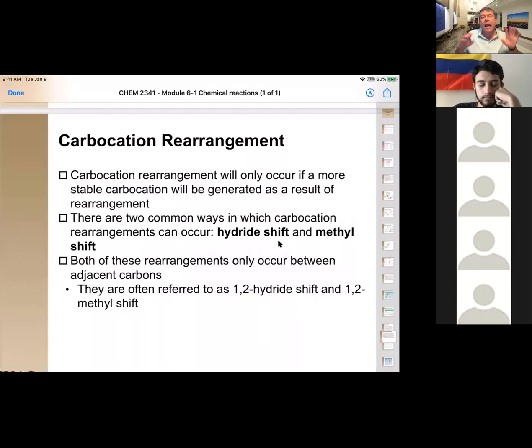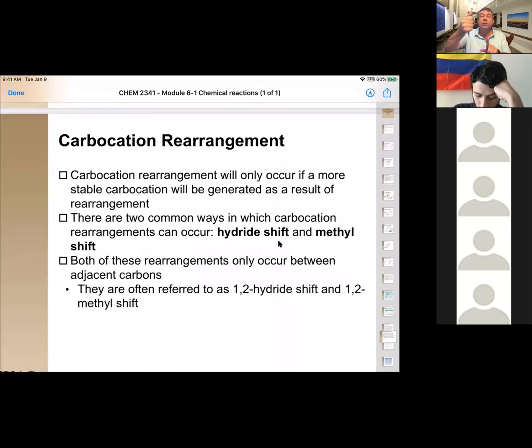Okay, so how do we do this? We have two options available to us to go from a secondary carbocation to a tertiary carbocation. One is called a hydride shift and one is called a methyl shift. As the name suggests, we're moving a hydrogen from a carbon that is 1 over from our carbocation.